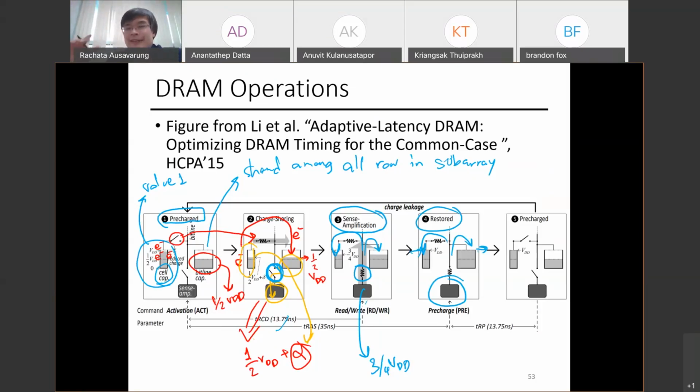All the capacitors have fully charged with electrons. Once that's happened, I know I can open the gate. The original value of my capacitor is now fully charged, so I can afford for the capacitor to lose electrons for a bit. Any question here so far?